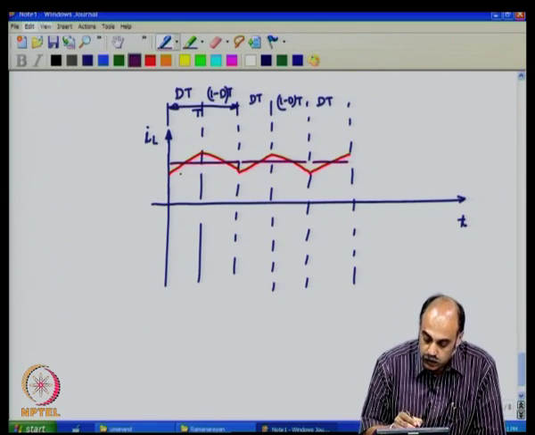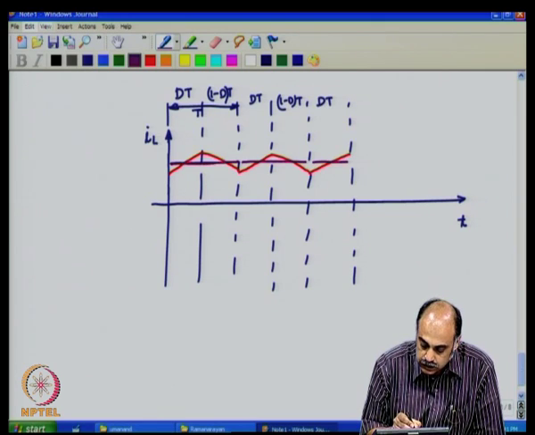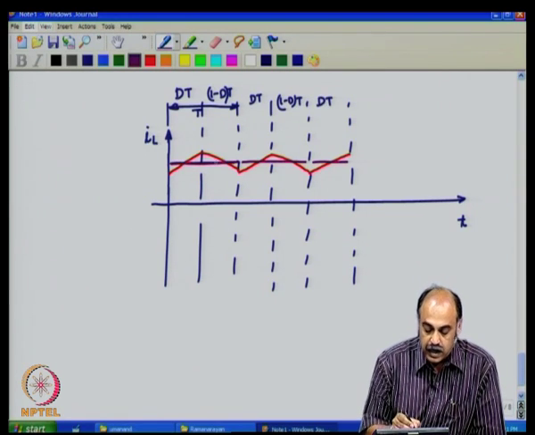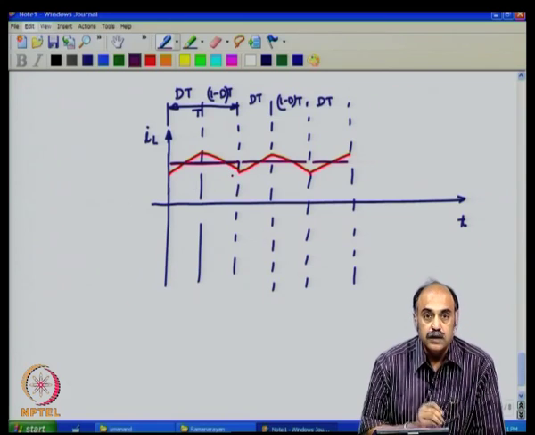Then we call this the averaging of the large signal.